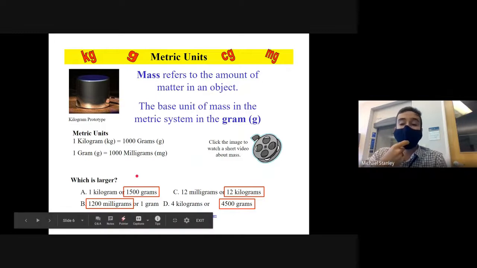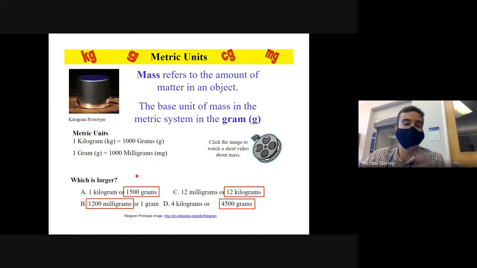Obviously, the pill is a little bit bigger because there's other stuff besides the medicine, like the stuff that helps it dissolve in your stomach after you take it. But milligrams are very, very small amounts of weight.